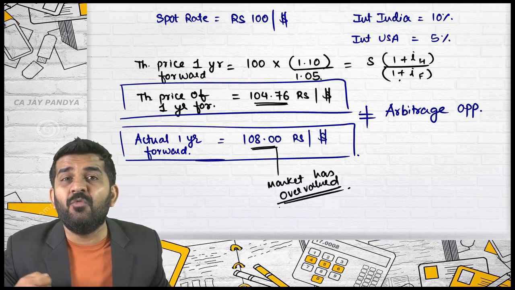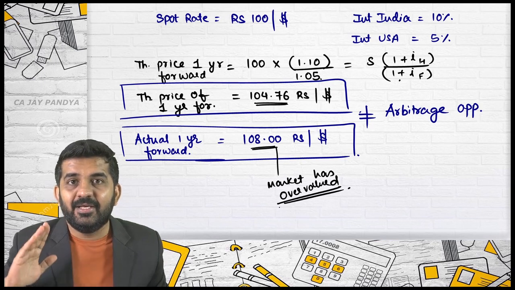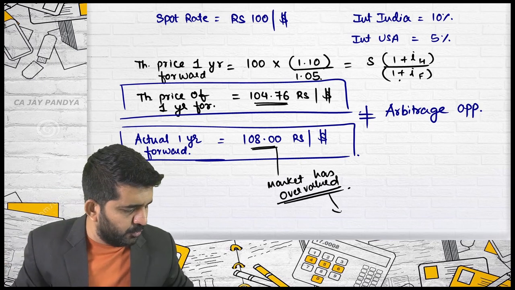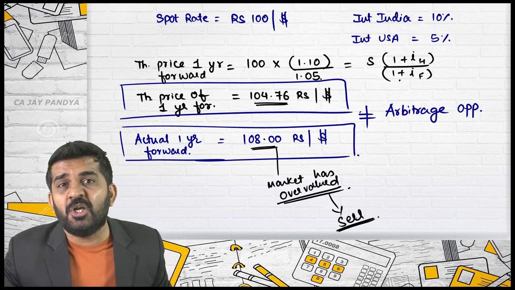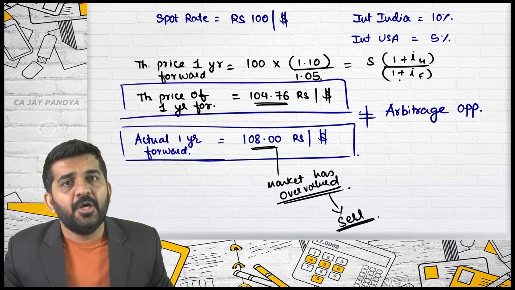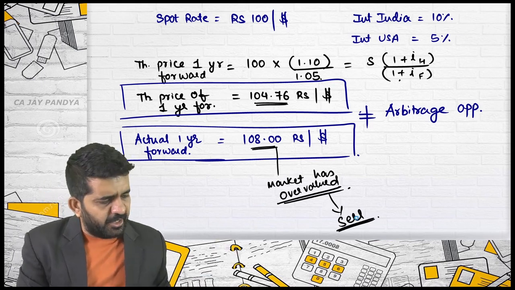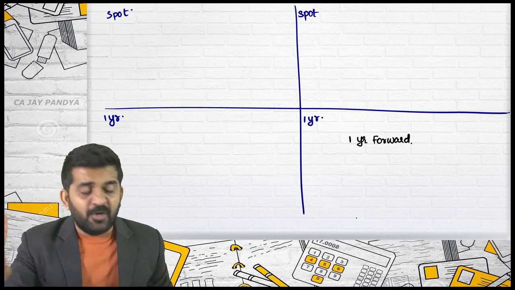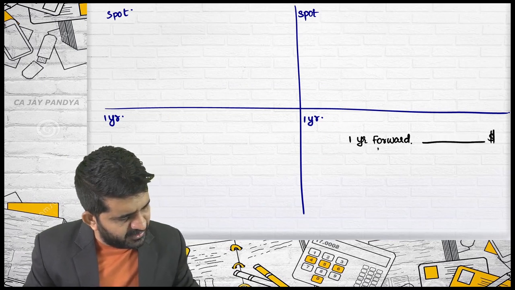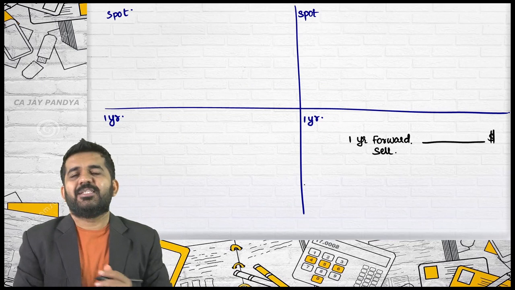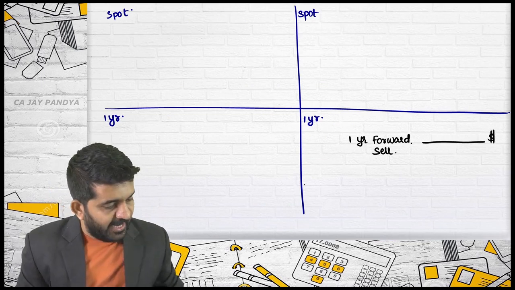Anything which is overvalued by the market, you should sell it. Anything which is undervalued by the market, you should purchase it. Now try to concentrate. 1 year forward, this many dollars I am going to sell. Is it alright? At what rate?